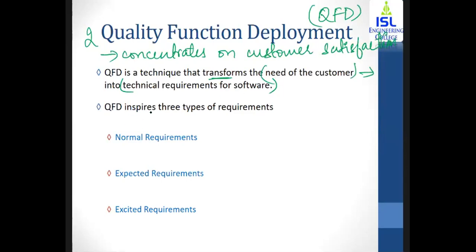Now, QFD recognizes three types of requirements. The first set of requirements is called the normal requirements. Normal requirements means that if these requirements are present, the customer is satisfied.